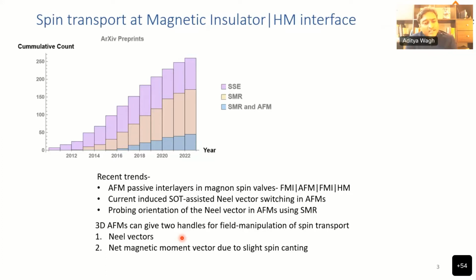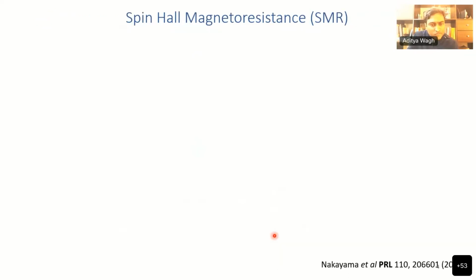On the other hand, if you have some net magnetic moment in the system because of slight spin canting in 3D antiferromagnets, then that vector would like to go along the field. So there is a competition between these two vectors in how they go away from the magnetic field. That gives a good two handles. So with this motivation, we wanted to work on 3D antiferromagnets.